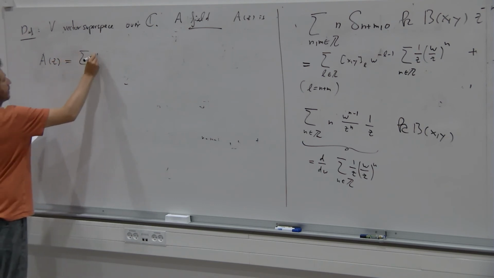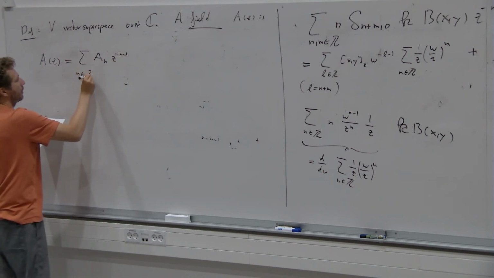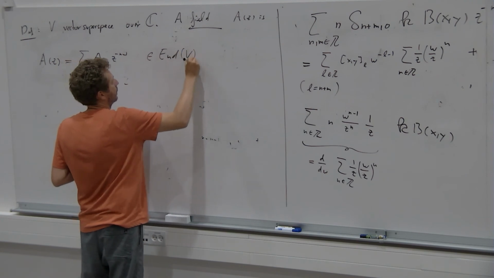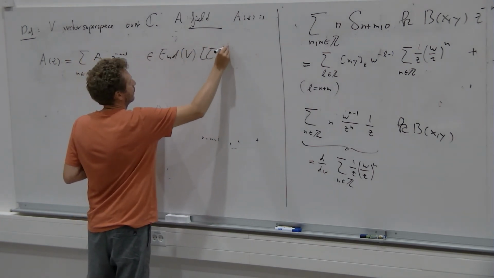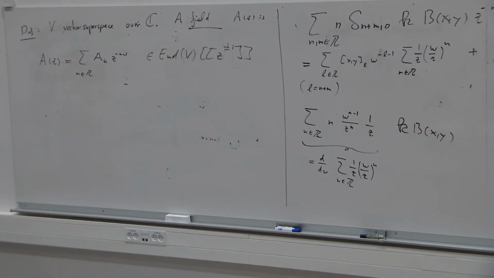A field is just a formal power series where the coefficients act on our vector space, exactly as in the example for the affine Lie algebra.